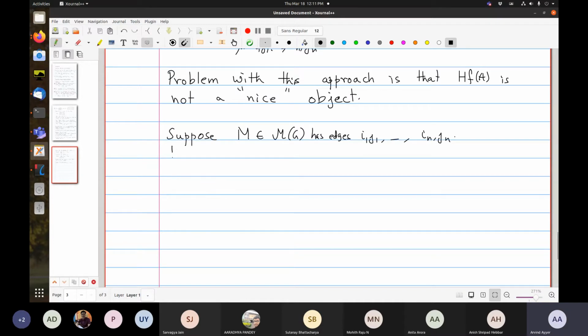So define epsilon_O of m. The sign is of course going to depend on the orientation.